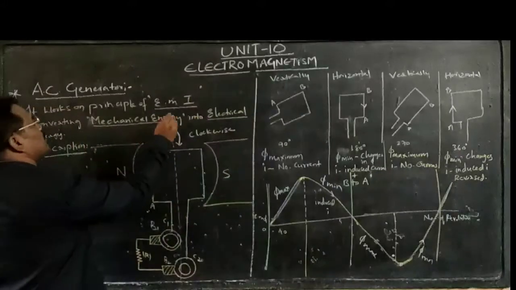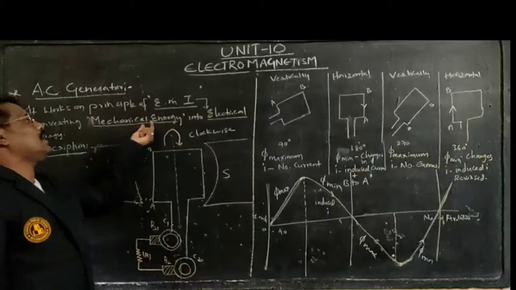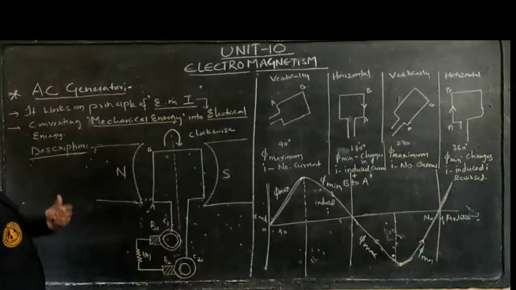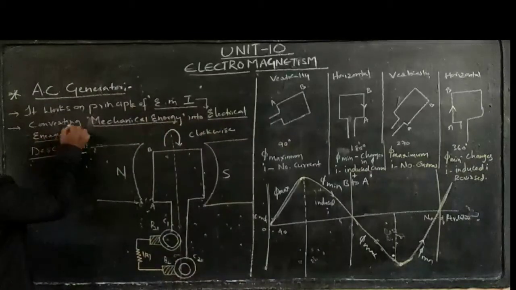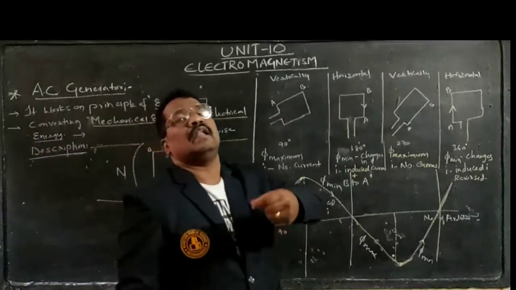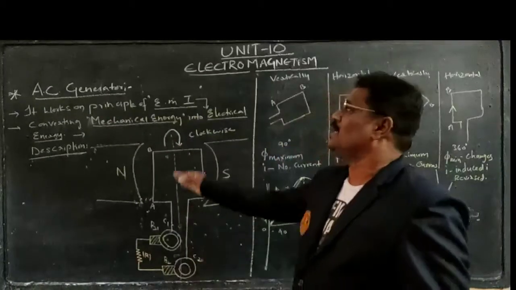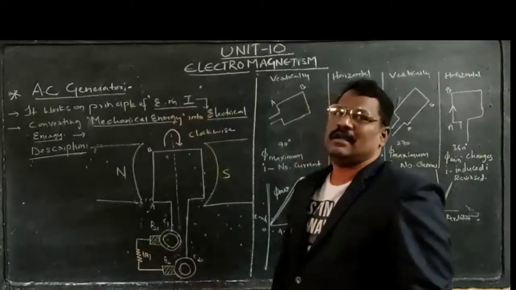That is the principle. That phenomenon will result in production of current in the coil. Current in the coil, that is the AC generator.